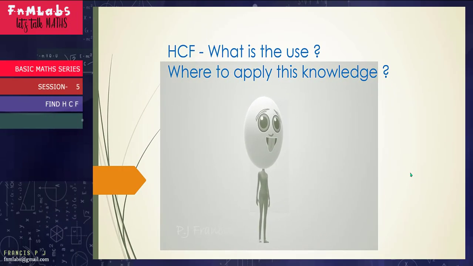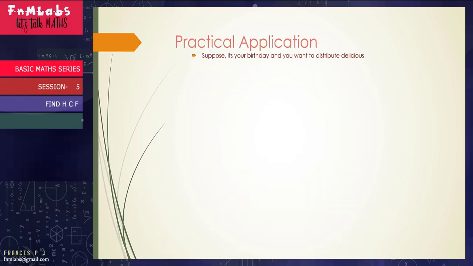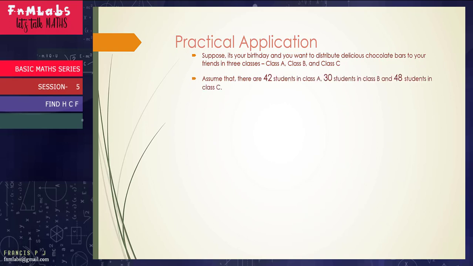In the final part of the video, we will discuss what the use of HCF is and where we will apply this knowledge of HCF. Suppose it's your birthday and you want to distribute delicious chocolate bars to your friends in 3 classes, Class A, Class B, and Class C. Assume that there are 42 students in Class A, 30 students in Class B, and 48 students in Class C. In total, you need to buy 120 chocolate bars.